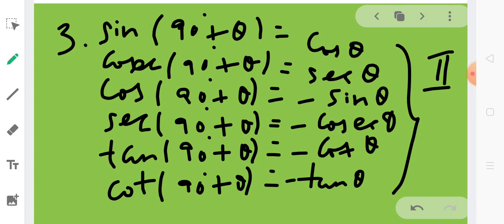So cos theta and tan theta are negative. So accordingly sec theta and cot theta should also be negative. Only sine and cosec are positive. Rest every trigonometric ratio is negative.